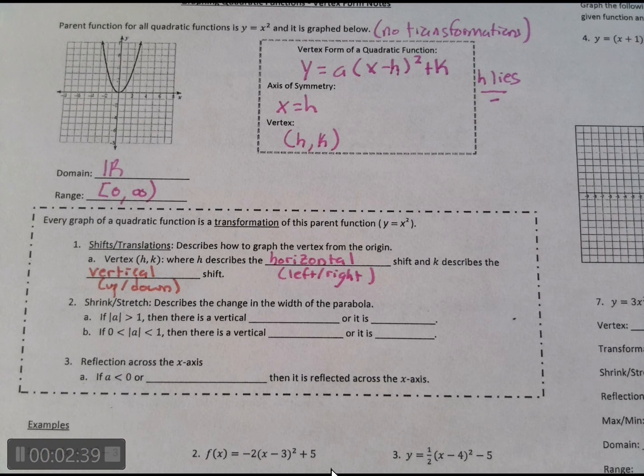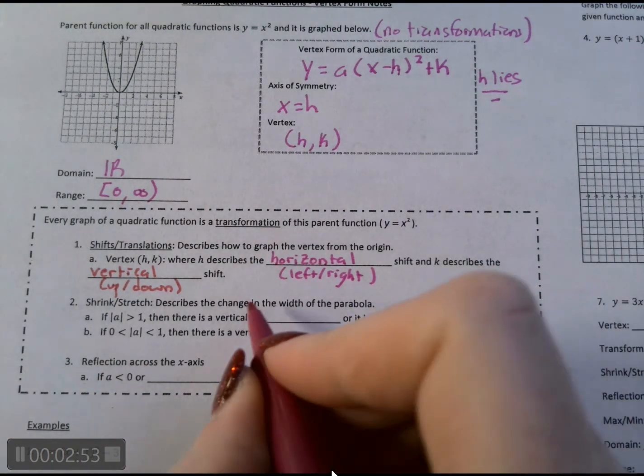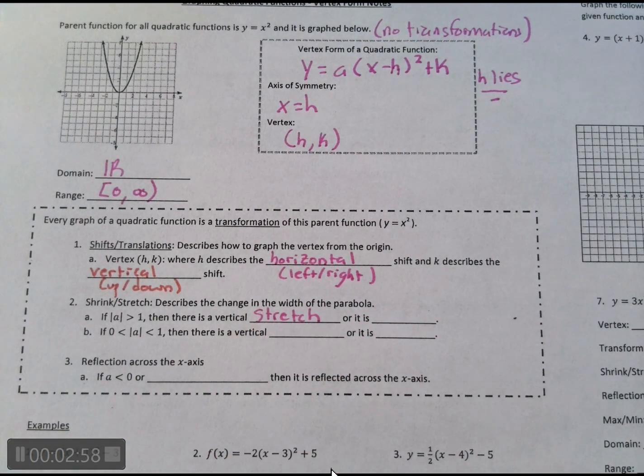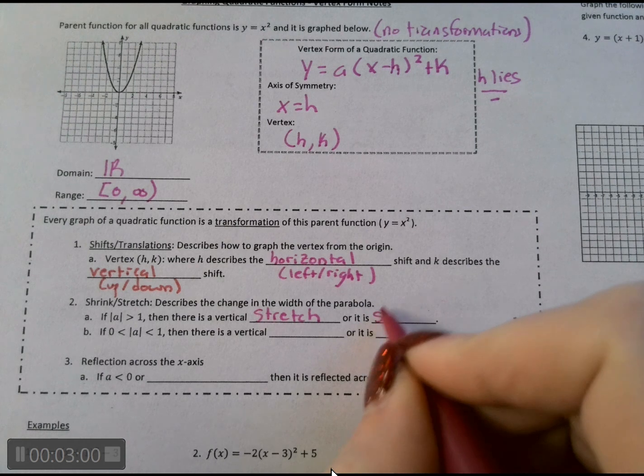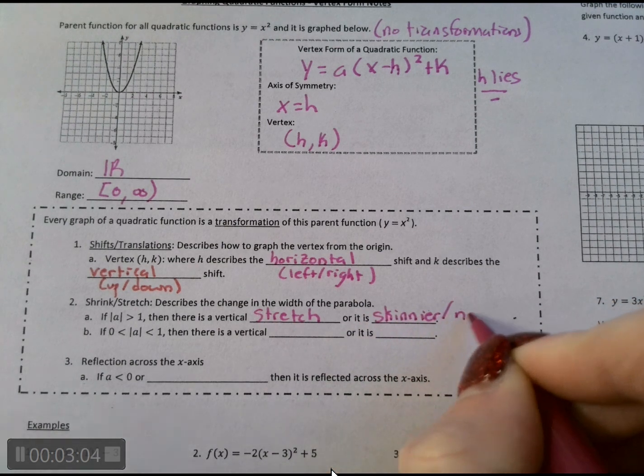We've talked about this before. Shrink and stretch describes the change in the width of the parabola. We haven't really discussed the width of the parabola, but we have discussed shrink and stretch. So if a is greater than 1, meaning if it's a whole number, then there is going to be a vertical stretch, or it gets skinny or narrow.